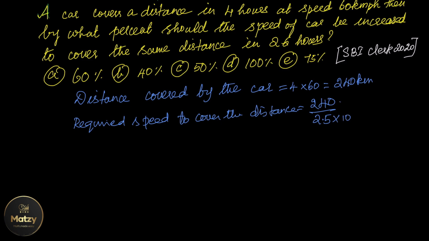So, 240 into 10 by 25. 25 goes 9 times, 225, 15, 6 times. Okay. So, 96 kilometer per hour.